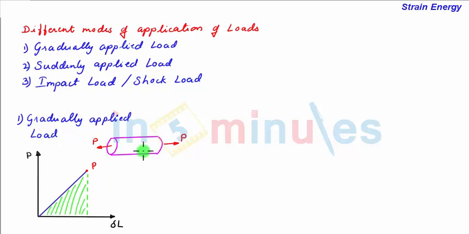Now consider a deformable body on which a gradually applied load P is acting. This load could be represented on a load and deformation curve in this fashion. It means that the load P actually increases from zero value, slowly and steadily rising up to the value P, meaning that there is a definite time interval for the load to reach from zero value to P. As we can see, the deformation matches up with the application of load, so that when the final load reaches the value of P, the deformation is maximum.